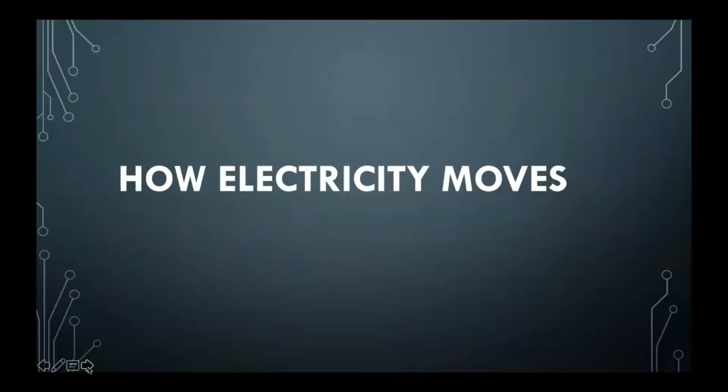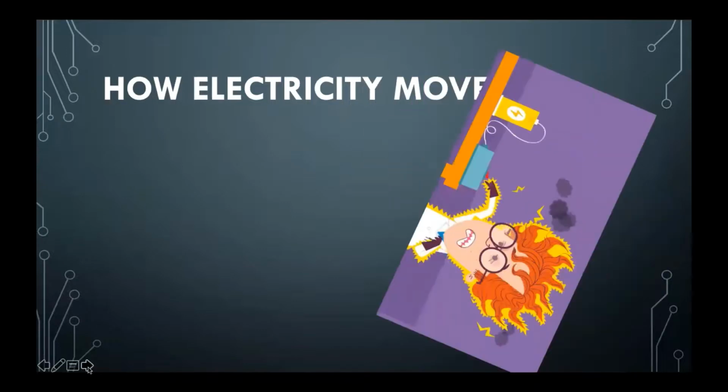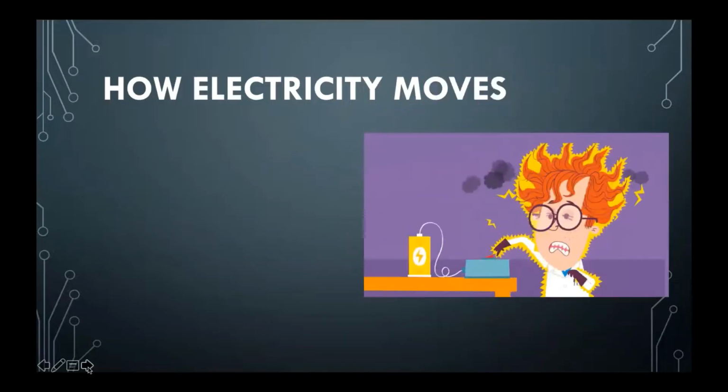Now we will focus on how electricity moves. Electricity moves through some things, but not through others. Something that electricity moves freely through is called a conductor.